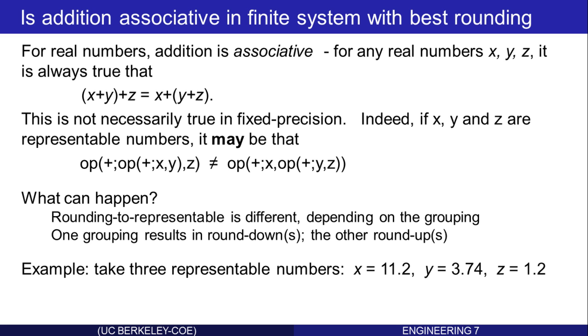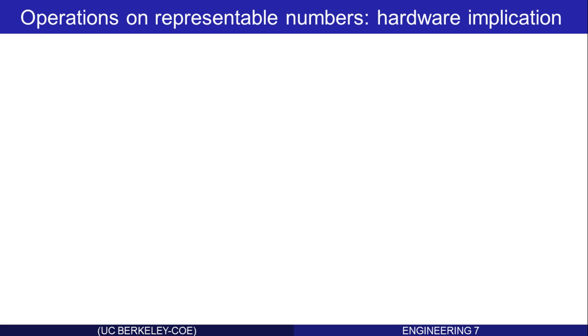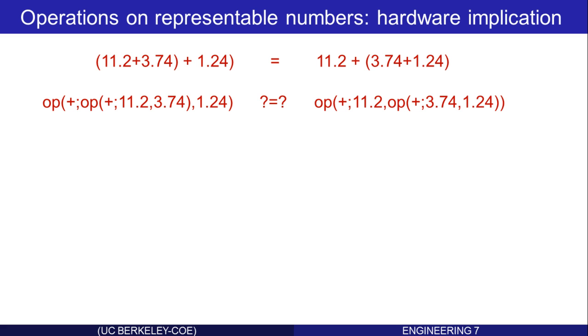Let's take an example with three representable numbers in our three-digit system, 11.2, 3.74, and 1.2. Certainly as real numbers, these are equal. Associativity holds. Let's trace through the steps in the machine version of these, where the operations are done in the finite number system. Start on the left.